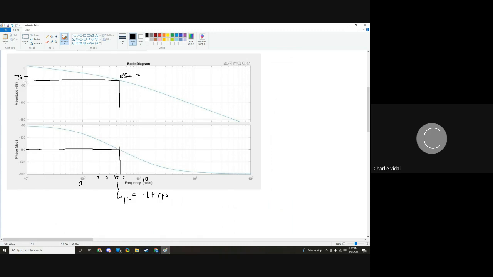So if it's 12.5, then 12.5 plus 25 is 37.5, and that's halfway between. So this is basically like maybe 36, 37.